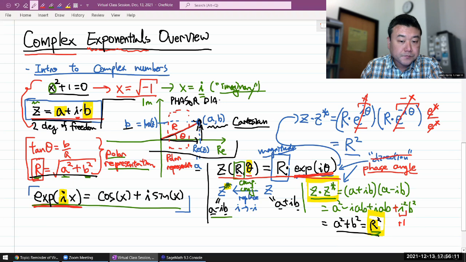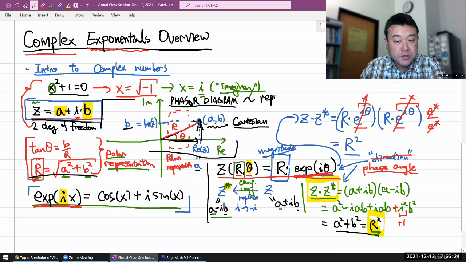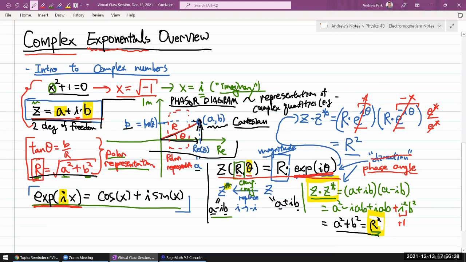There is a one-to-one relationship between what you see as a phasor diagram in the textbook and the representation of complex quantities, such as complex impedances, on the complex plane.